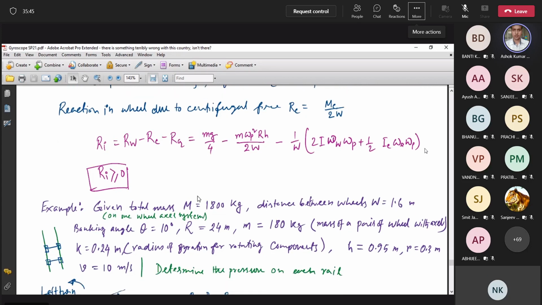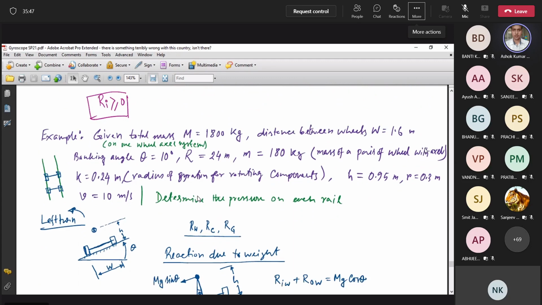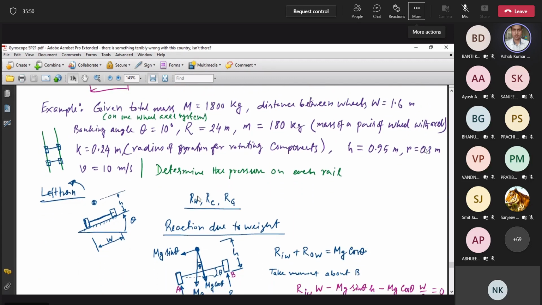Okay, now we take one example, and I have not written the statement of the problem. There is a four-wheeled vehicle, and these are the given data. Here the data is a little bit modified on one wheel axle system. So this M is given, this is the total mass on one wheel axle system, that is 1800 kg. Suppose it is a four-wheeled vehicle, that means this into 2 is the total mass.